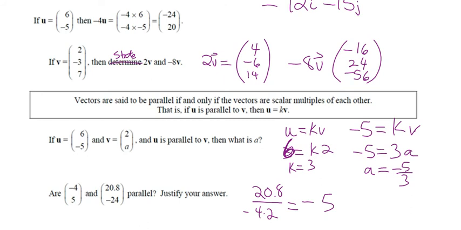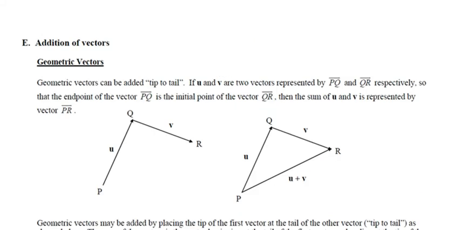I don't think they're parallel. So what is it? 5.2? So not parallel. If it was negative 26, it would be. Okay, so not parallel, right? They're not scalar multiples of each other.